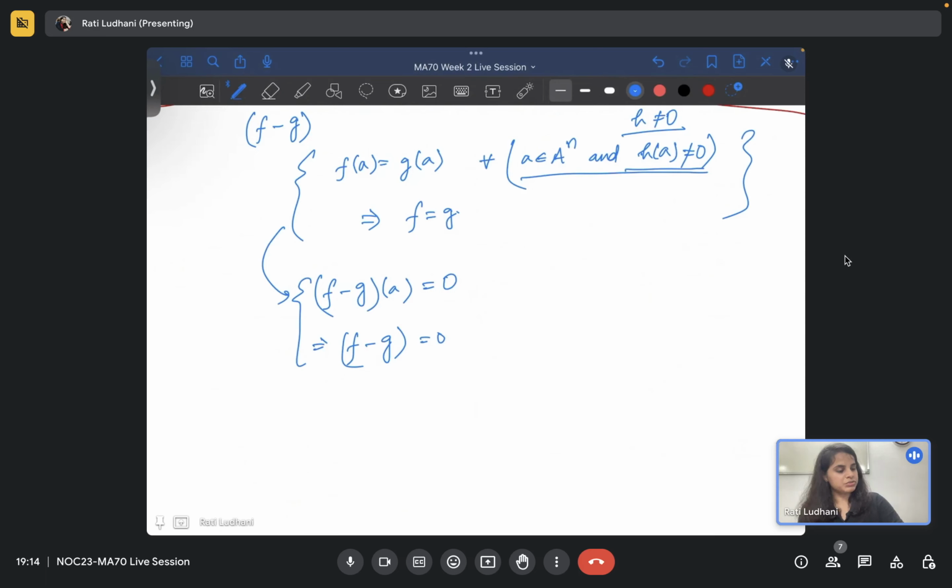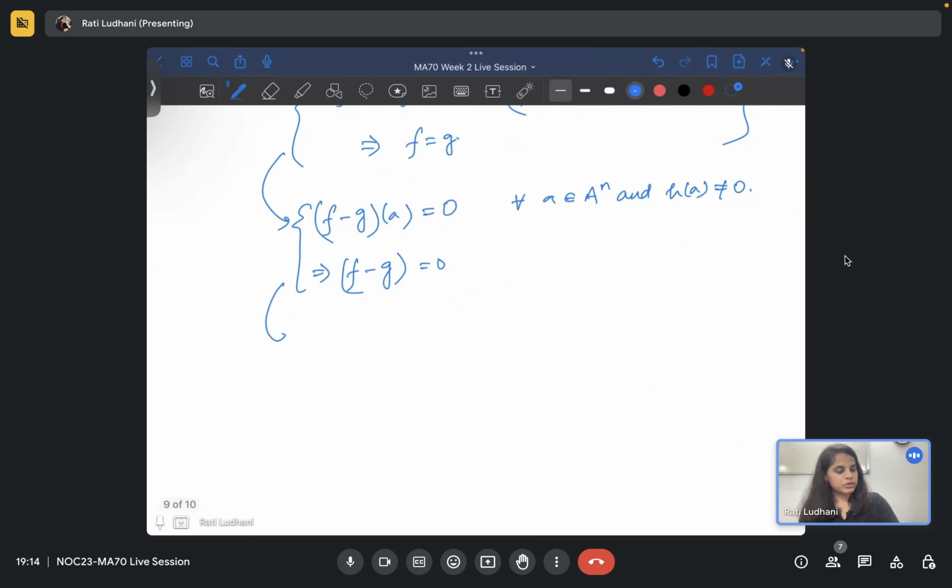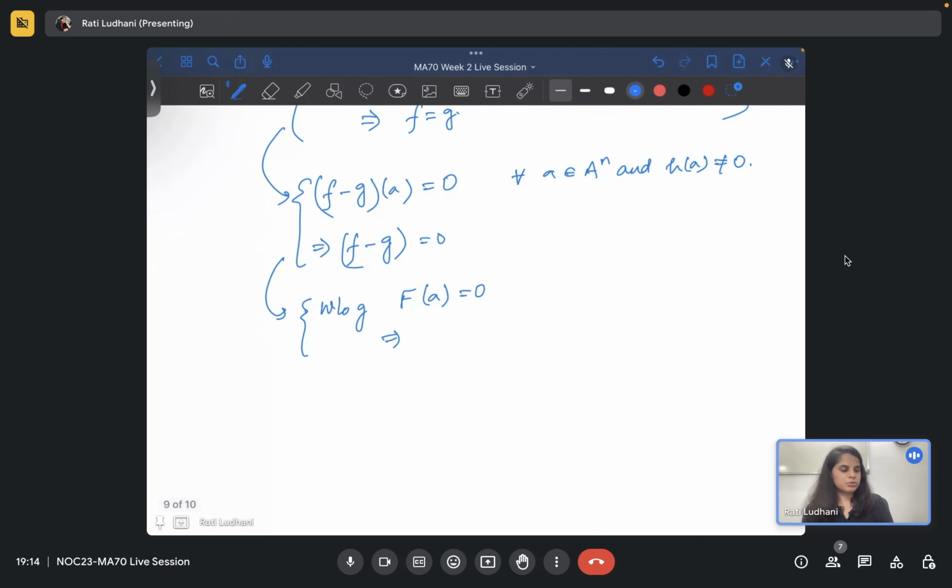So (f minus g)(a) is equal to 0 for all a belongs to N, and h(a) is not equal to 0. Now, without loss of generality, I just assume f minus g to be f, or if you want to introduce a new variable, you say capital F. So f minus g is equal to capital F, so (f minus g)(x) is equal to capital F(x).